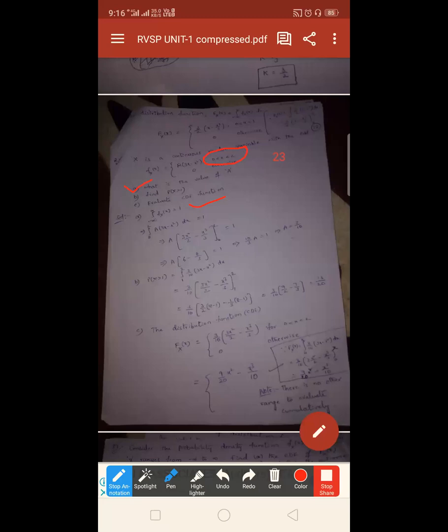So here you have to change the limits of integration, that is from 0 to 2. Now A is a constant, so you can write it outside of the integration. Now the integral of 3x minus x square dx is equal to 1.